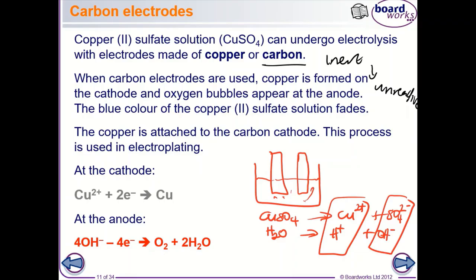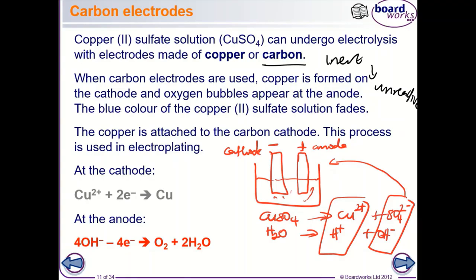The positive ions will migrate towards the negative electrode, which is the cathode, and the negative ions will migrate towards the positive electrode, which is the anode. Now, two positive ions will migrate towards the cathode. When they get here, there's going to be preferential discharge.